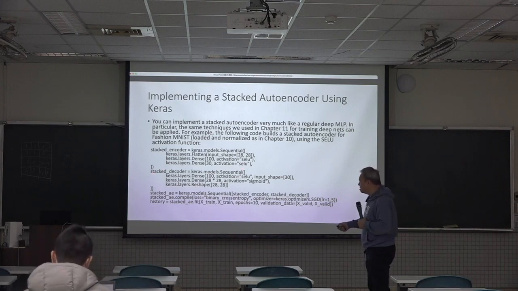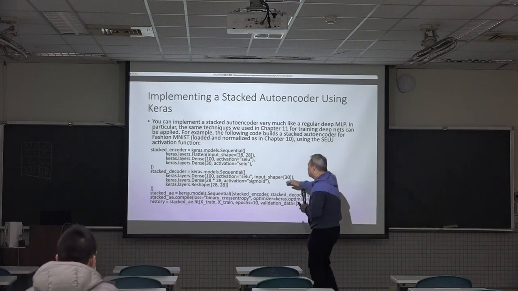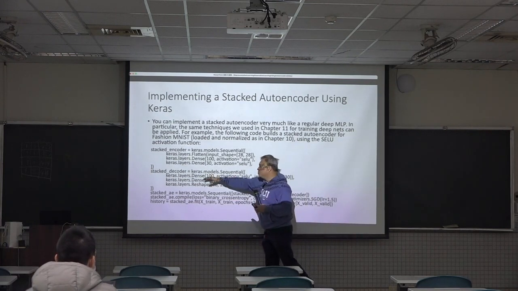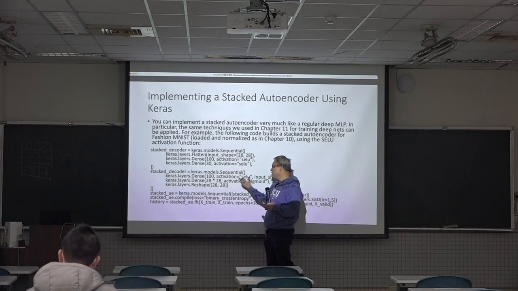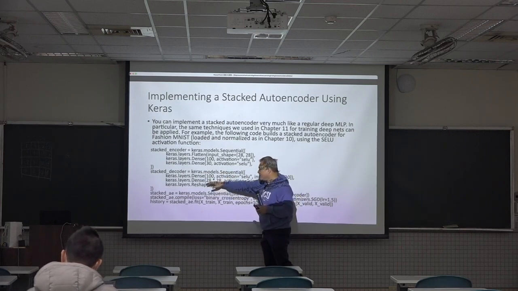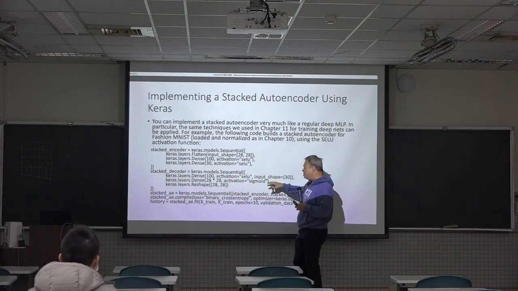For the decoder, we take the input from the coding layer, which is 30, and expand it to 100 neurons, using ReLU again. Then we are supposed to go back to 28 by 28, so we have 28 times 28 units, and the activation function is sigmoid.